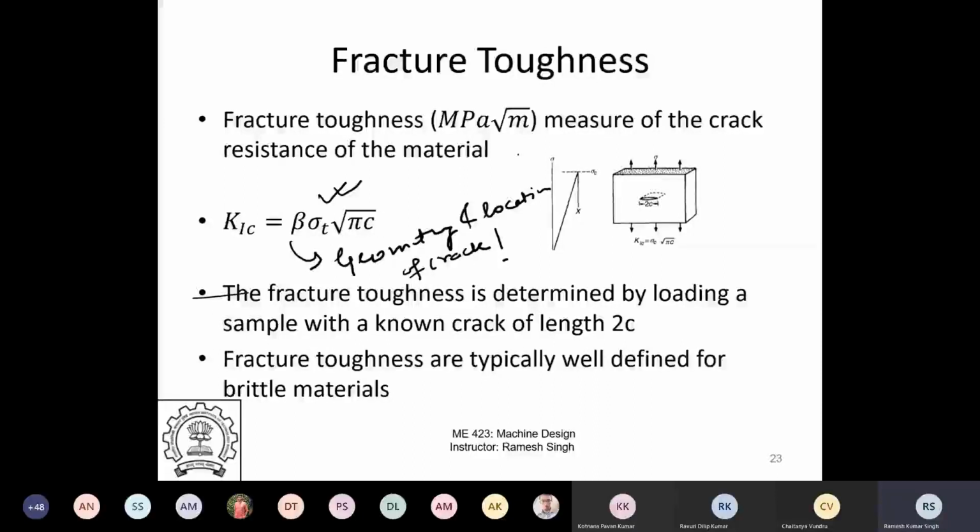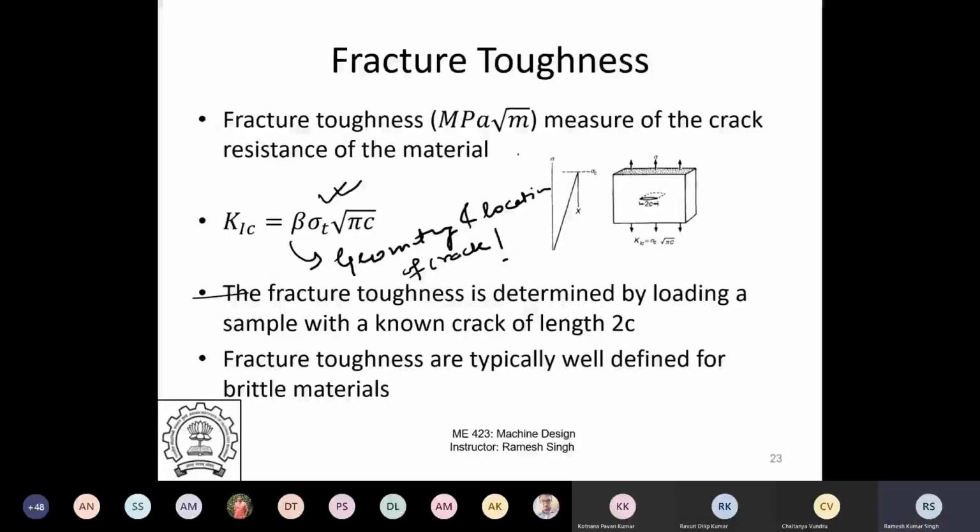So crack resistance basically means that if you have a material where there is an initial crack of 2C length and you are applying stress, at what stress does it fail? That stress is called sigma T. And there is a shape factor beta. You see there is beta sigma T root pi C.